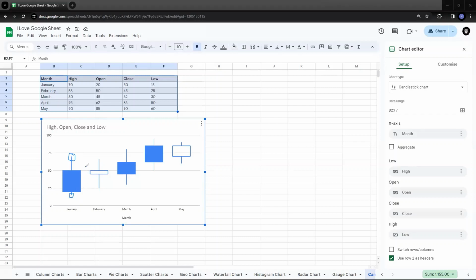And this is the open and close. So when you say it was at 20 at the opening, then this was your opening and this was your closing. So this is your lower shadow. This is your real body, where the entire day's data belongs.